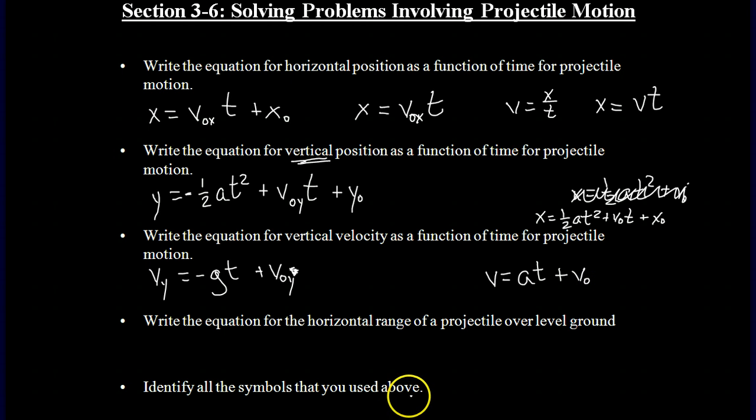But now we're saying the vertical velocity, so we put v subscript y, meaning vertical velocity, is equal to negative acceleration due to gravity multiplied by time plus the initial vertical velocity. That's what the little subscript y means.